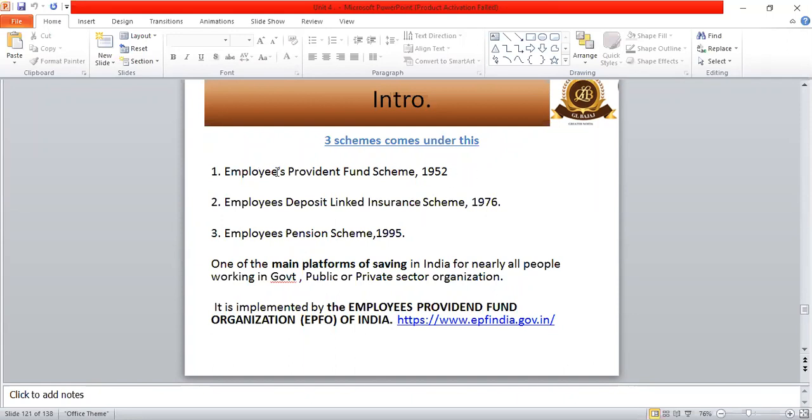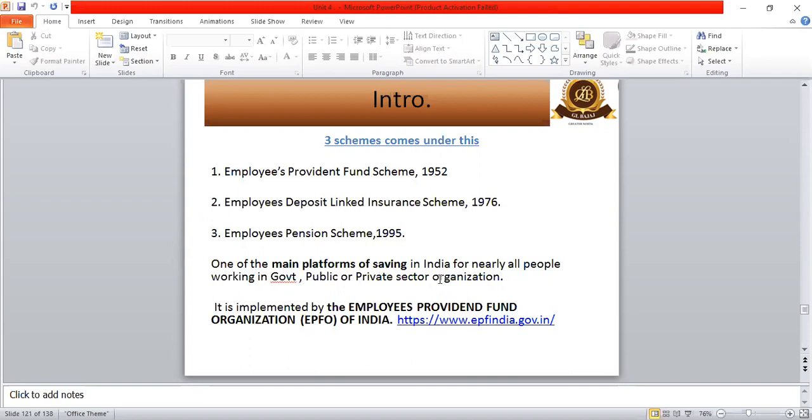Initially it was only Employee Provident Fund in 1952. Later on in 1976, the Employee Deposit Linked Insurance was also included, and in 1995, the Employees Pension Scheme was also included in the Employee Provident Fund Act. So this is how it went ahead.